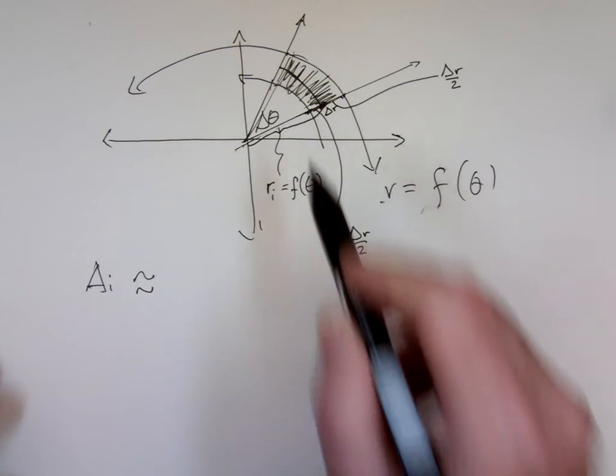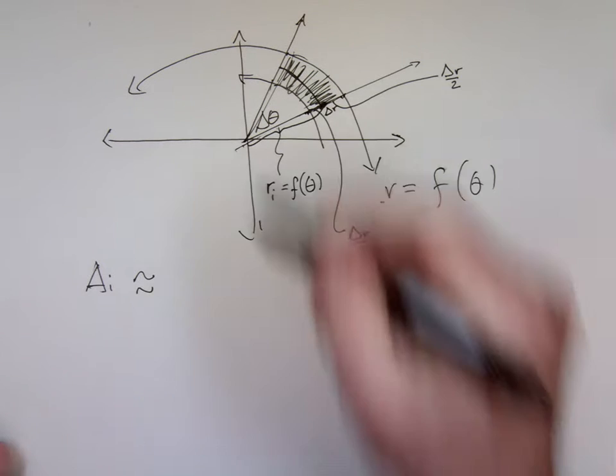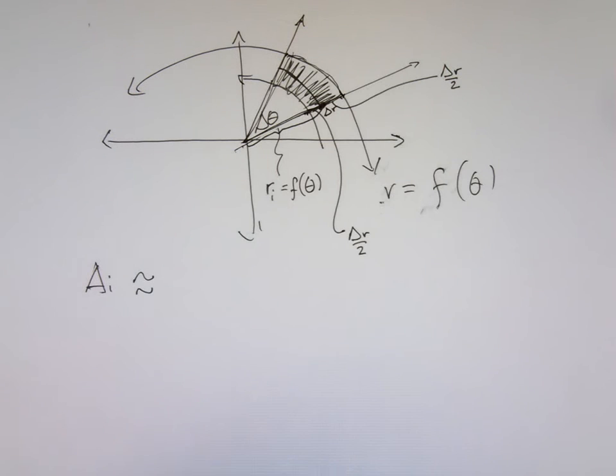Okay. What's the area of the outside sector, this sector out here? What's the area of a sector of a circle whose central angle is delta theta, whose radius is r?